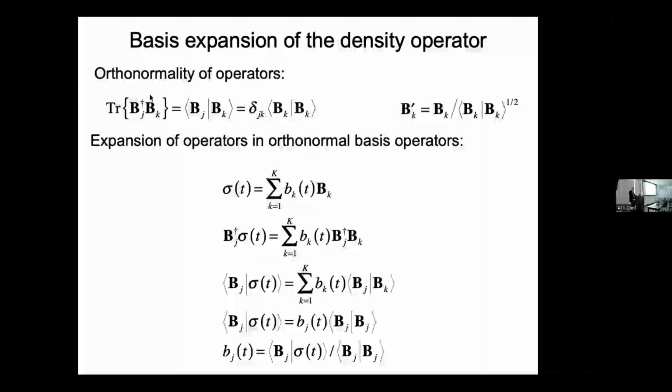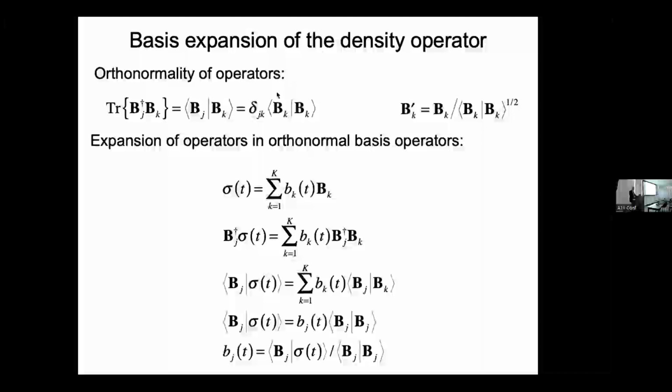Now, I'll sometimes write this as trace of the adjoint times another operator. And sometimes I'll write it like this, where this bar in the middle means what's on the left has to have the adjoint taken. Just like in the bracket notation for wave functions, the angle bracket going the other direction means take the complex conjugate.